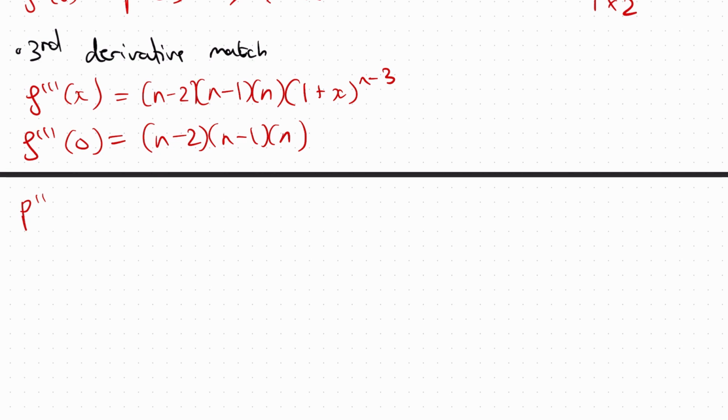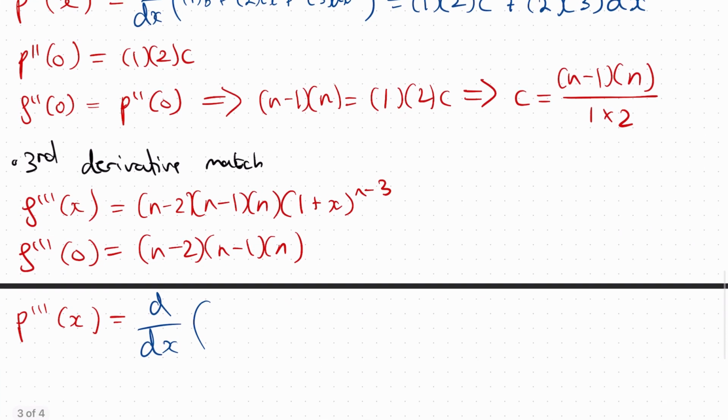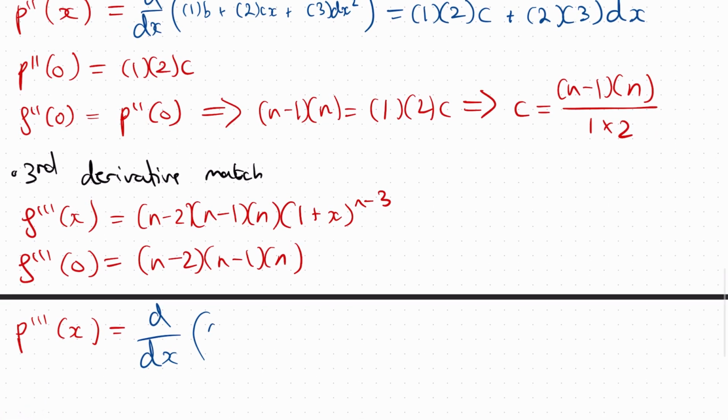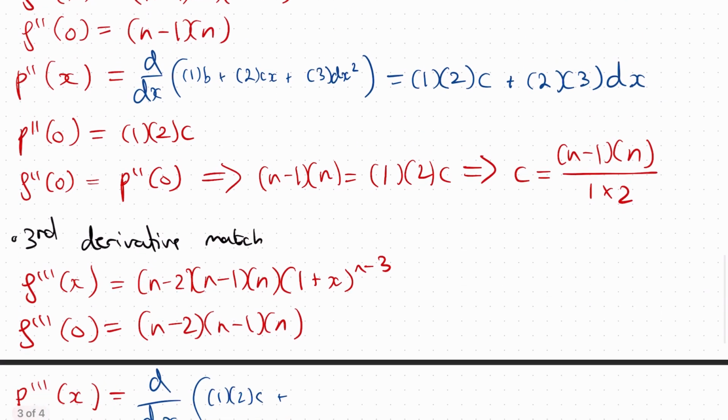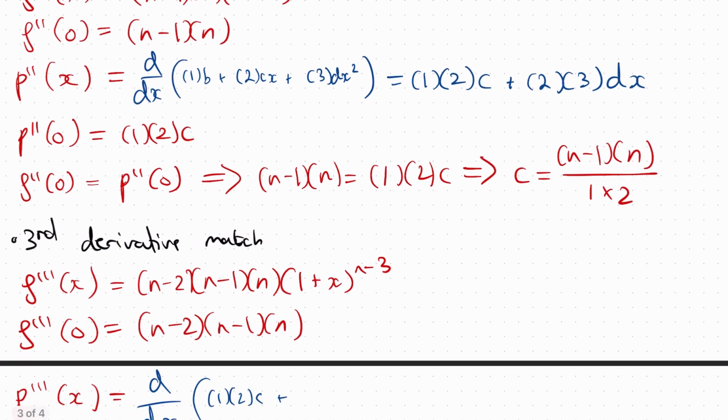Same kind of thing for p triple dash of x. We want to work out the derivative of this, which is the derivative of the previous thing. So let's write in all these brackets again. And I just realized I should probably be continuing this on, because this is an infinite series.